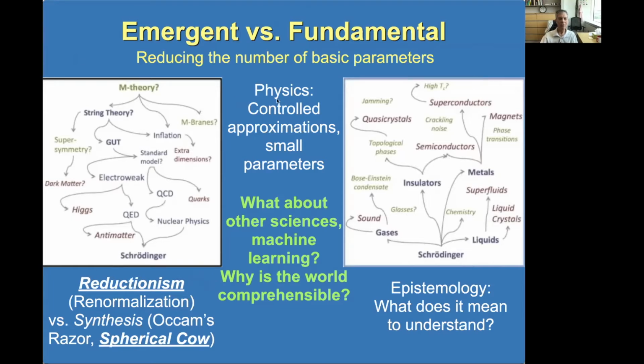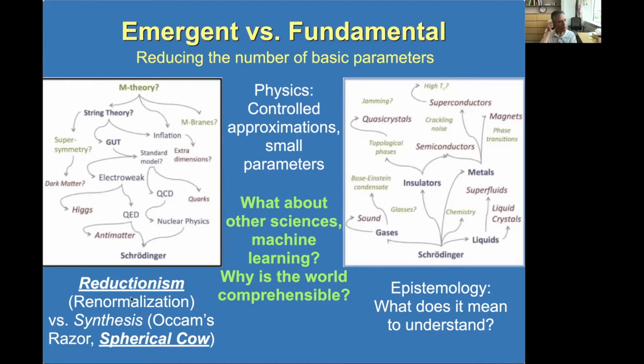The tradition in physics is to focus on high energy physics, in which you have beautiful, elegant string theories and electroweak symmetry breaking and quantum chromodynamics leading to very complicated behavior. But the model reduction in both of these cases is very similar, that we go from Schrödinger's equation to our theories of the metals and insulators and superfluids and semiconductors in very similar mechanisms. And this is reductionism, basically.